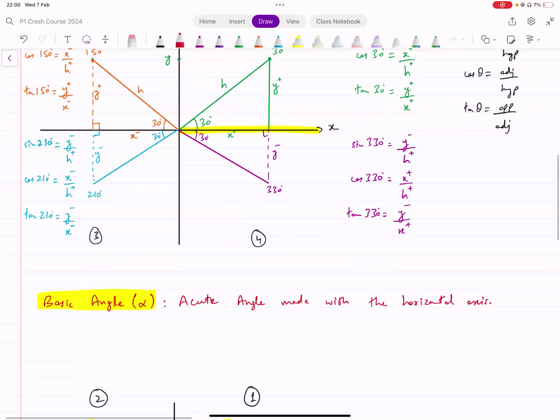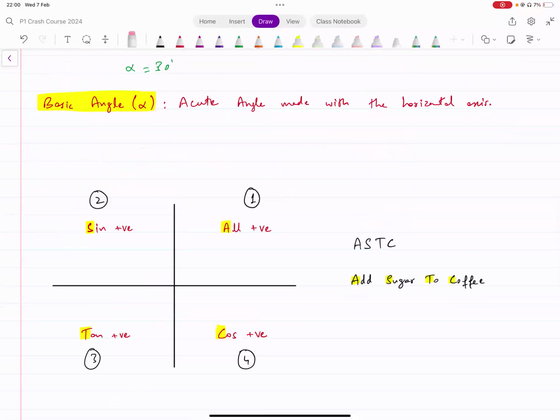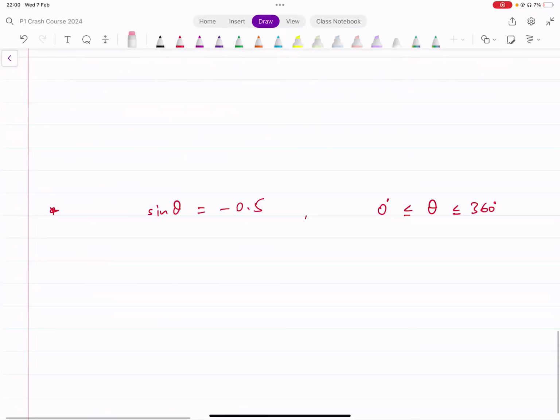So the basic angle here for all of these was equal to 30 degrees. The basic angle for 30, 150, 210, 330, all of these have the same basic angle, which is 30 degrees. So basic angle is the acute angle made with the horizontal axis. Those are the two things that we're going to use for this.